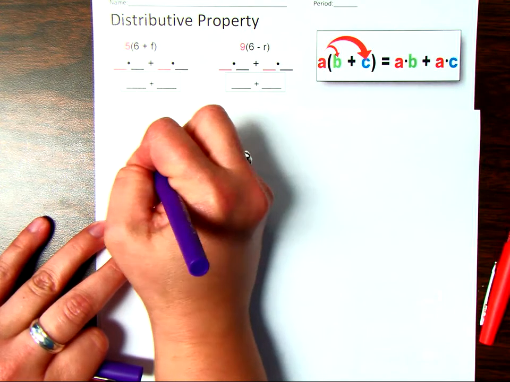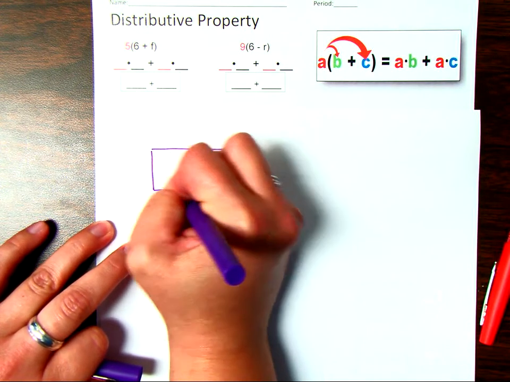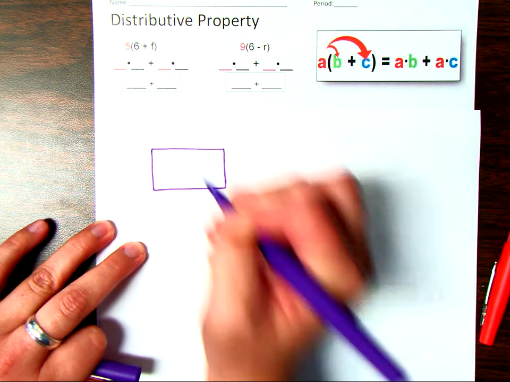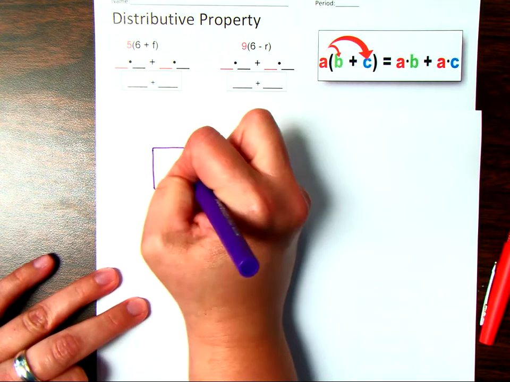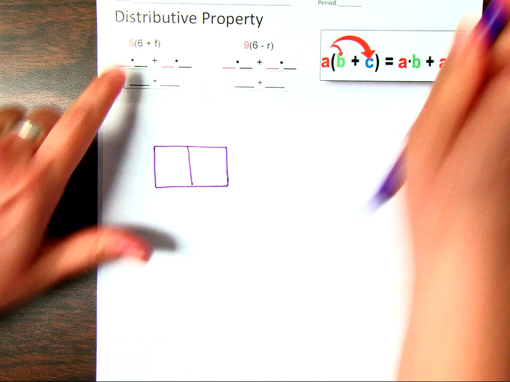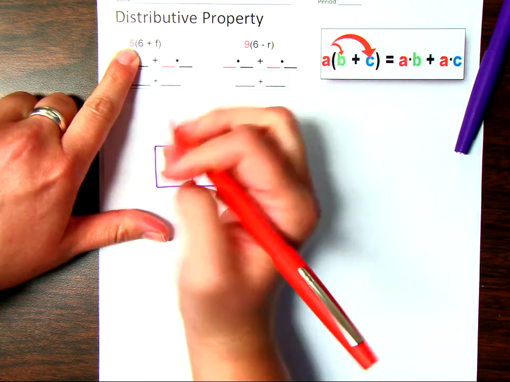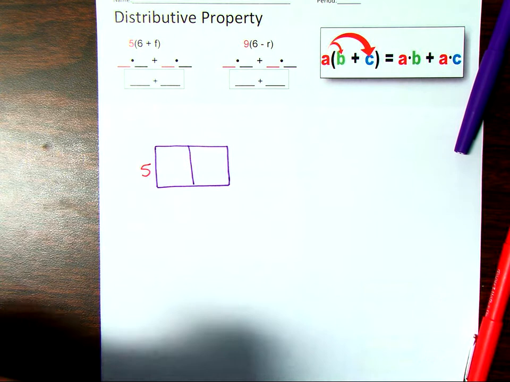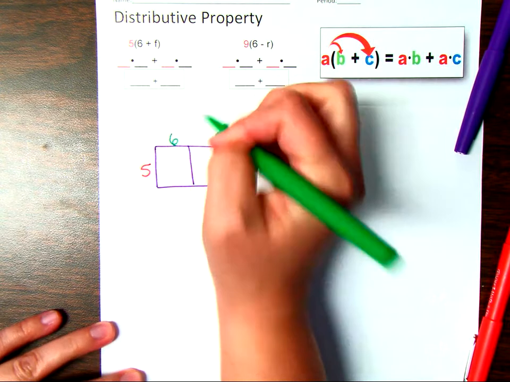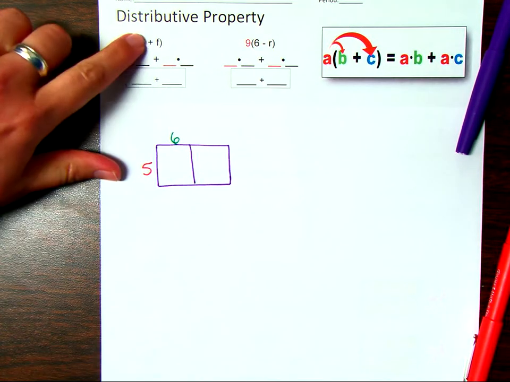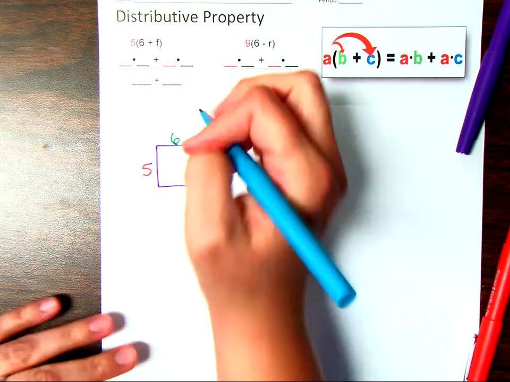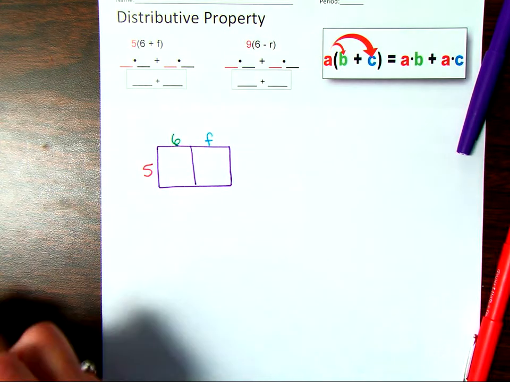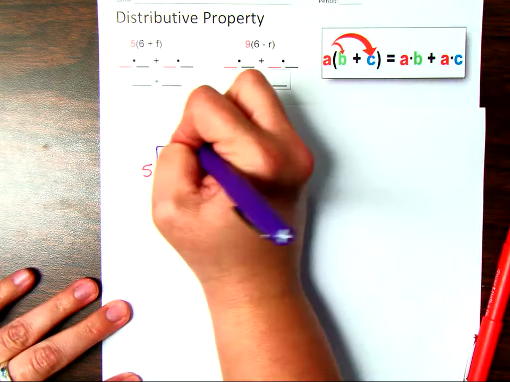When we were in elementary school, your elementary teacher might have shown you where you have a rectangle, and you break it up, and this outside number, 5, goes right here. And then this first part of the parentheses was 6, and then we have this letter F, that's going to be the second part. So what we're doing is we're breaking it up.